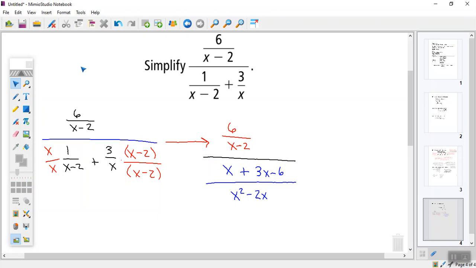So would you guys then agree that this is now the following? Up top is still the same, 6 over what? X minus 2. Okay, so this is going to be 6 over x minus 2 times the reciprocal down here. Now guys, what would go up top now? X squared minus 2x. So times.